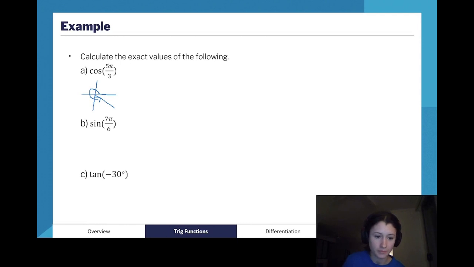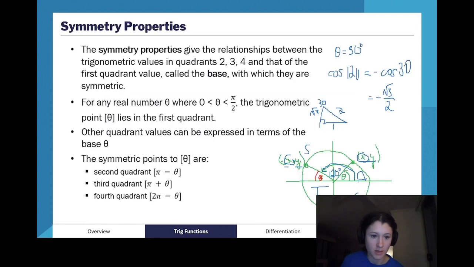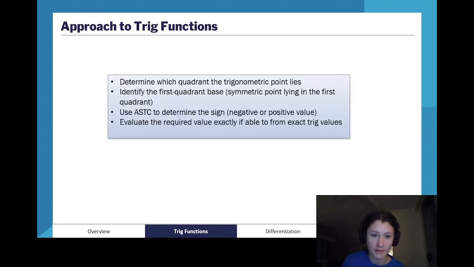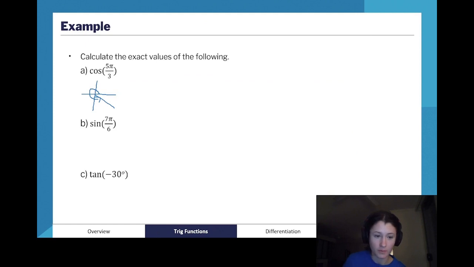So let's go back to our last slides. Remember that in our fourth quadrant we have 2 pi minus theta. So we know that 5 pi over 3 is equal to 2 pi minus theta, and this gives us that theta is equal to pi over 3.